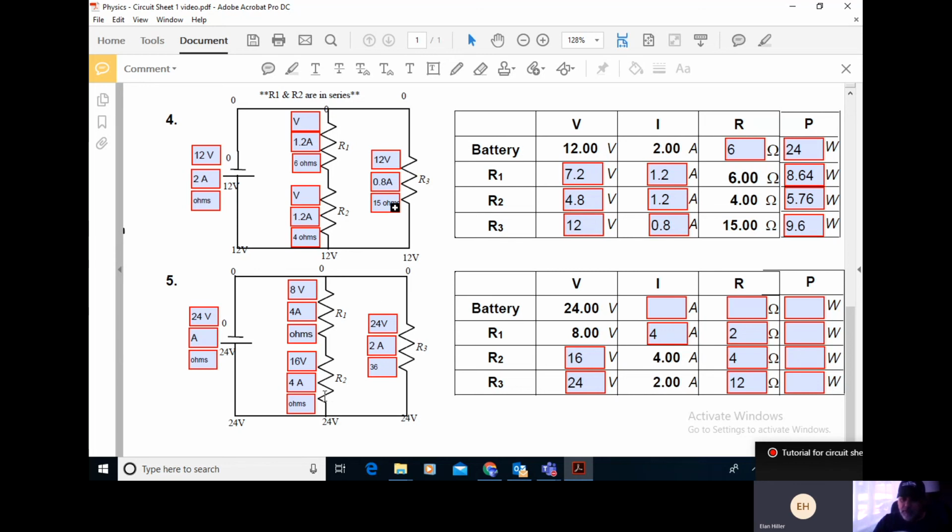Total current. Well, the current across this pathway, 4 amps, plus the current across this pathway, 2 amps, has to add up to the total of 6 amps. Not 10 amps. You're not going 4 plus 4 plus 2. You are treating this as one 4 amp current plus this 2 amp current right here.